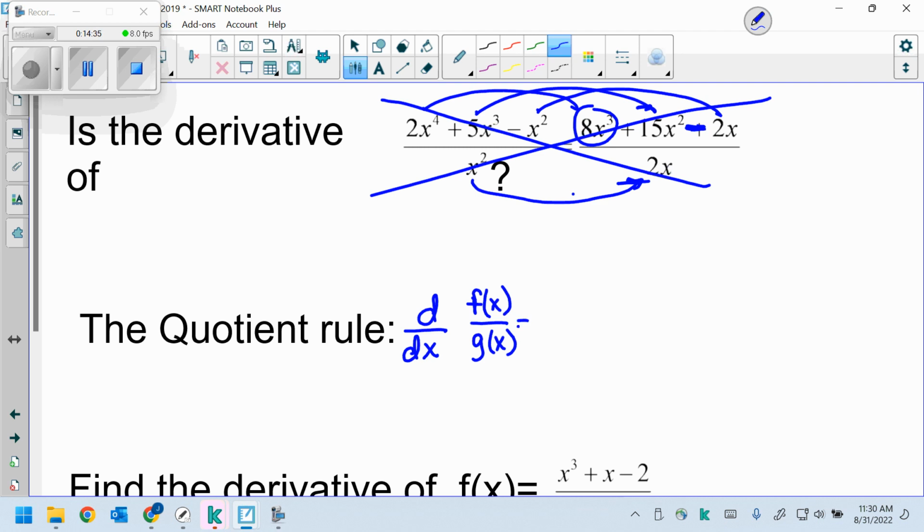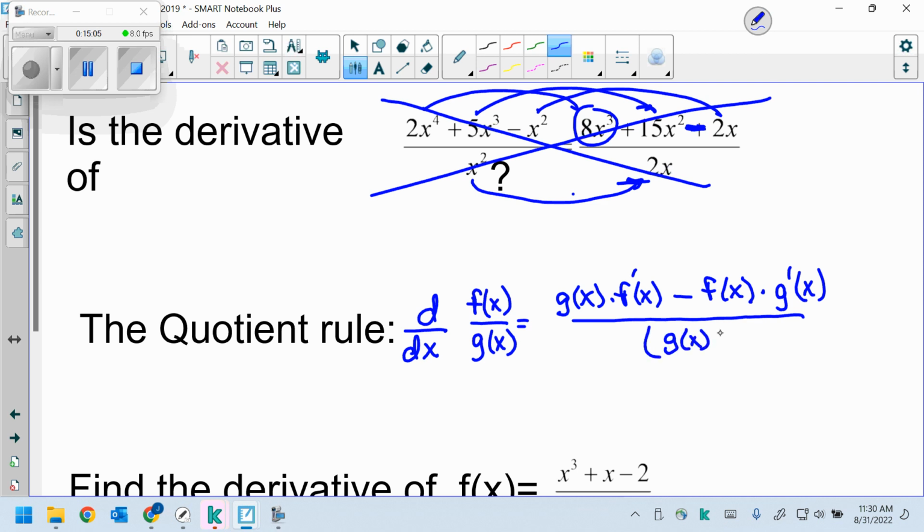Here's how you find the derivative. You take the bottom times the derivative of the top, minus the top times the derivative of the bottom, and divide by the bottom squared.